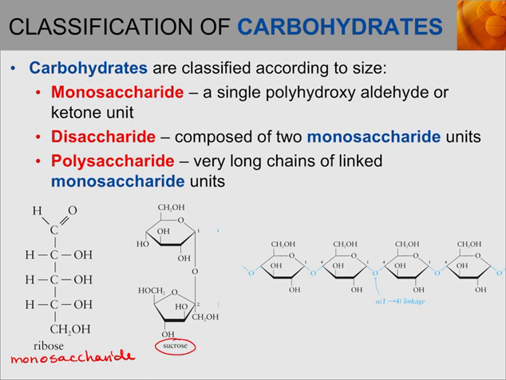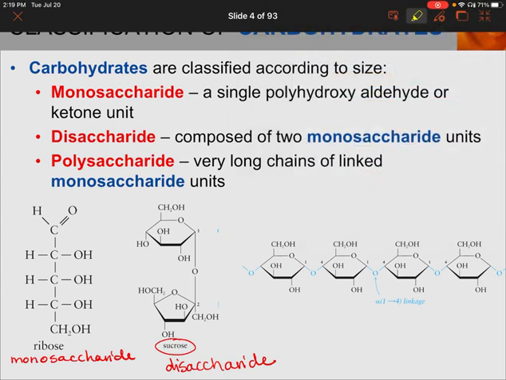Sucrose is a disaccharide. It has two units, or two monosaccharides, joined together. We have one on the top in its cyclic form and one on the bottom, also in its cyclic form. And the connection point is right here in blue.